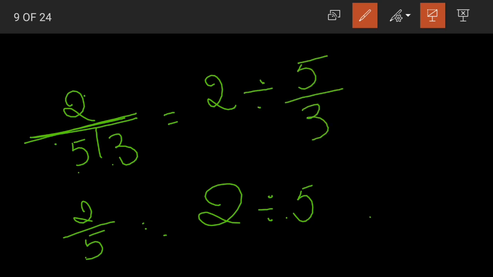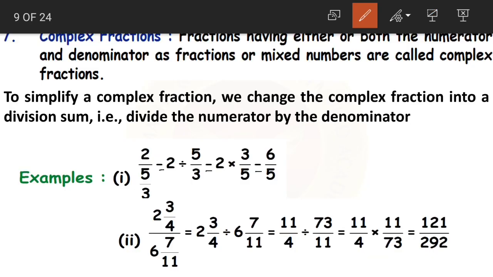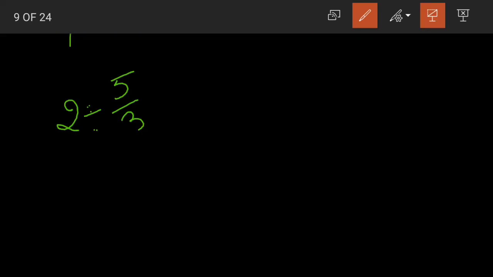Clear students? What is the first step to do? The first step is to divide the numerator and denominator. So first we are writing it in a division form, 2 divided by 5 by 3.